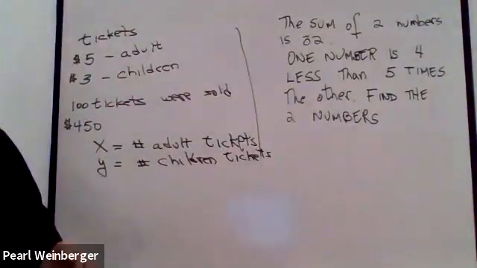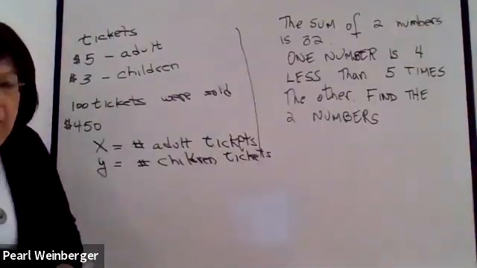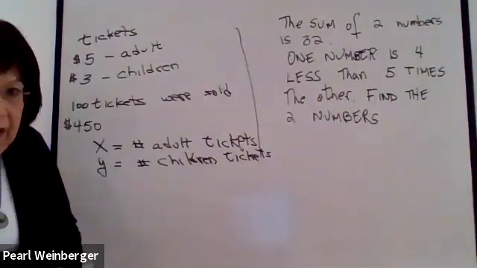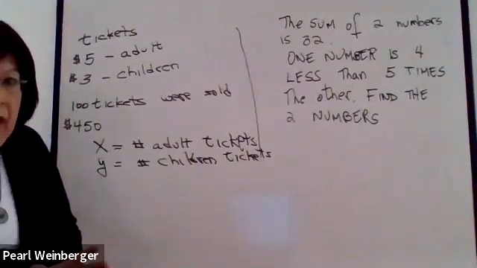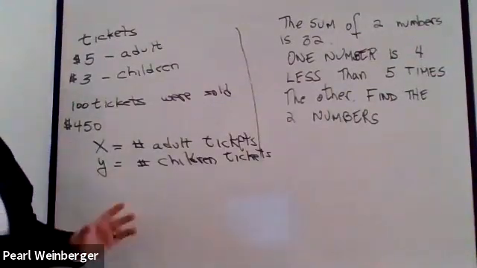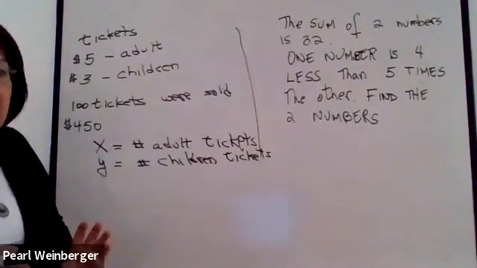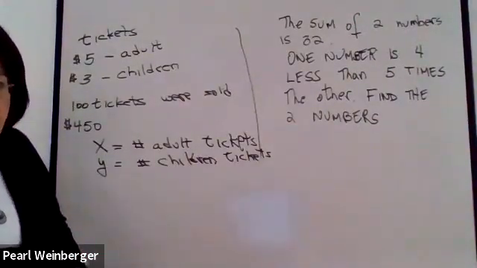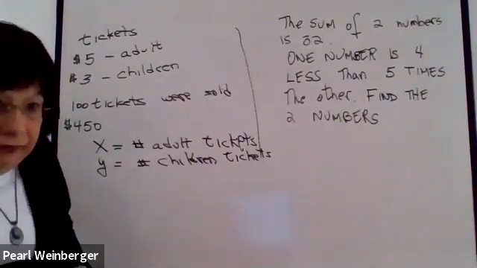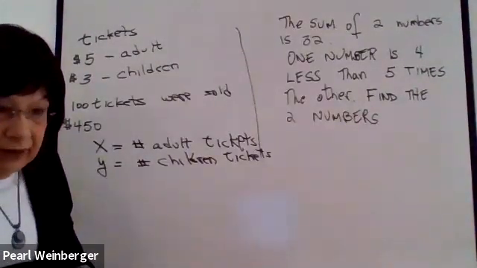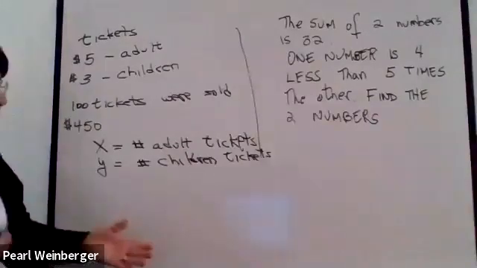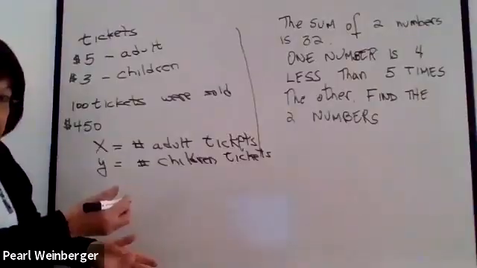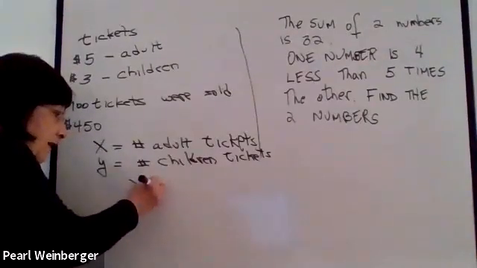Can I write an equation that tells me that 100 tickets were sold? Anybody have any idea what equation I would get from saying a total of 100 tickets were sold? Wouldn't it be equal? Okay, but equal what? X plus Y. X plus Y, good.